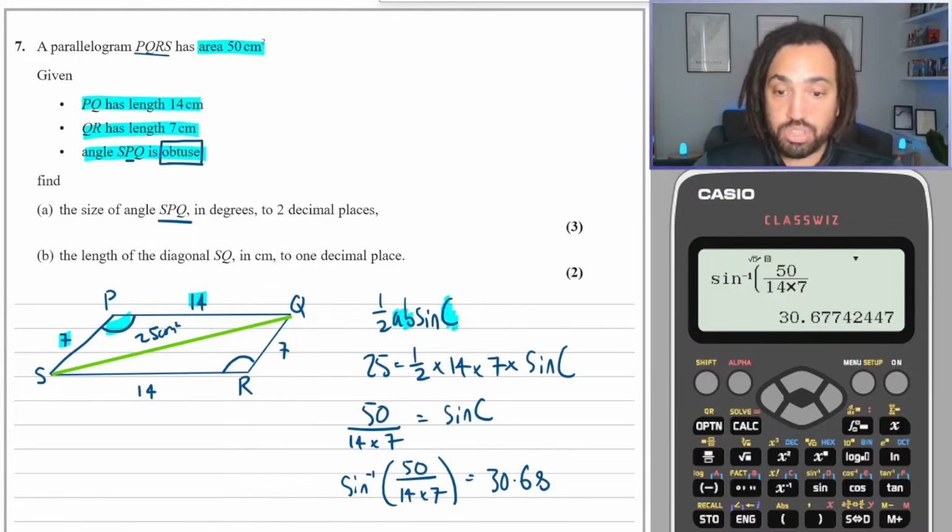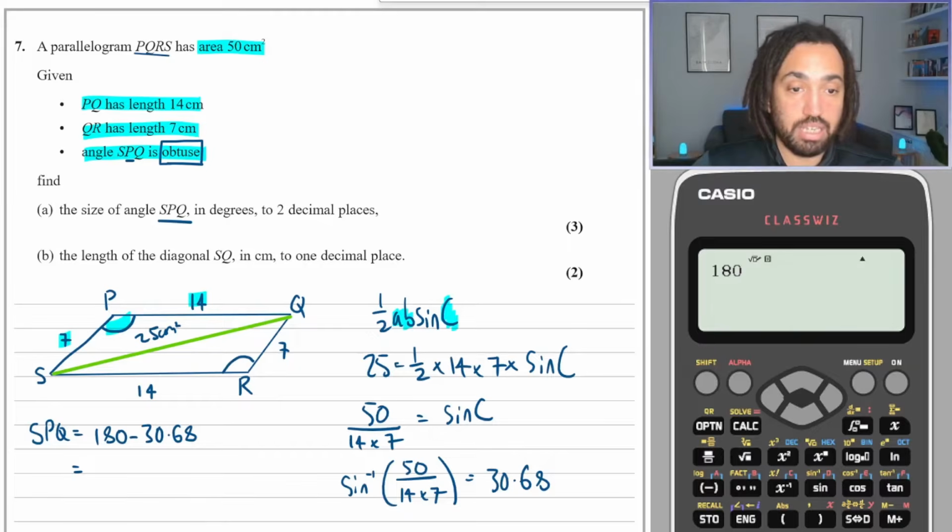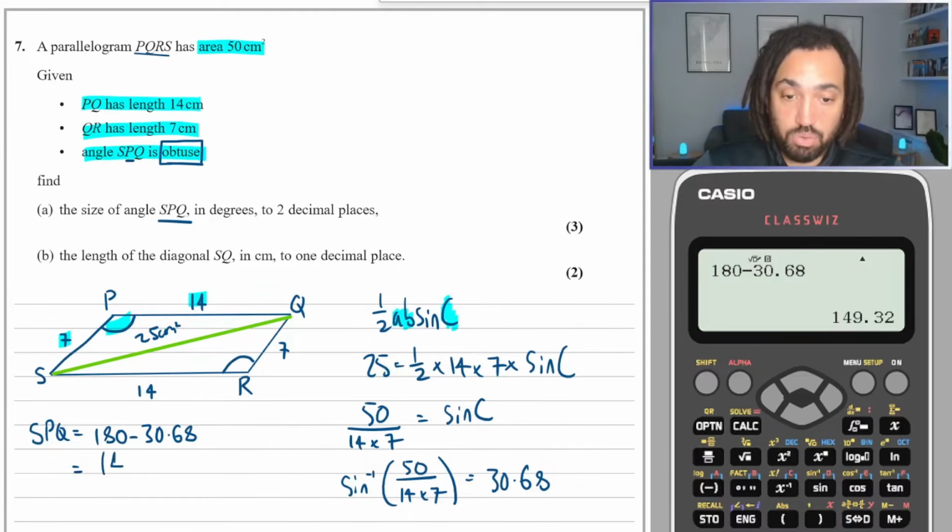But then the obtuse angle, which is the angle we're looking for, which is SPQ, is equal to 180 minus that first angle your calculator gives you. So you just need to go to your calculator and do 180 minus the previous answer, and that will give you 149.32, which is the obtuse angle.